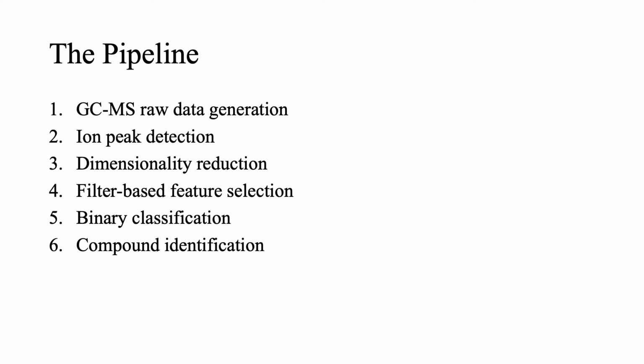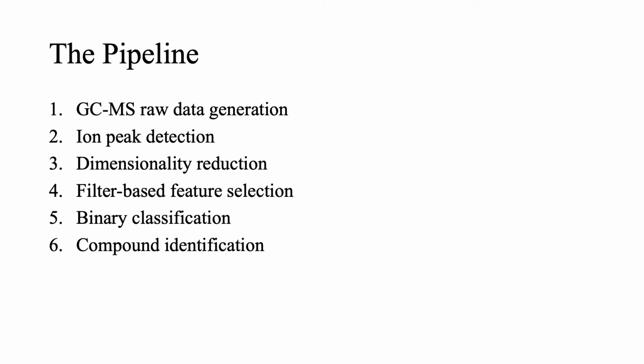Our data analysis pipeline consists of 6 components, and that's presented here in chronological order. First, raw data was extracted from the breath samples using the GCMS system. Ion peak detection was then used to create a structured dataset of ion intensities. Dimensionality reduction and filter-based feature selection were used to transform the high-dimensional feature space into a low-dimensional dataset.